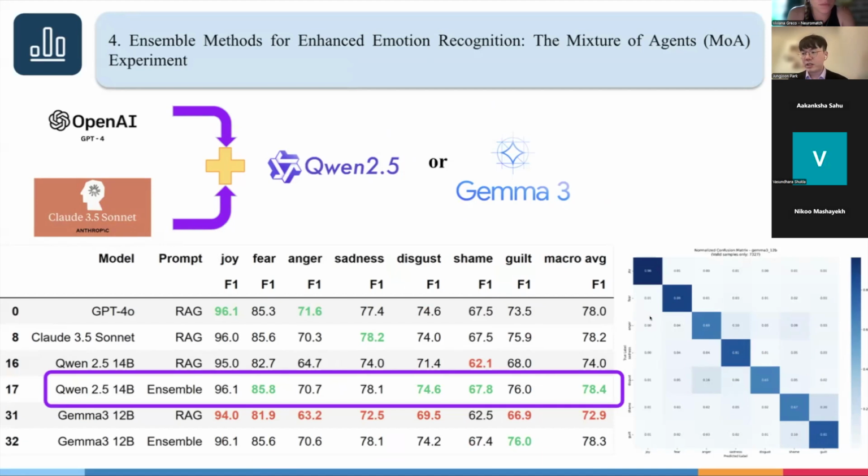As you see here, both models exhibited significant improvements exceeding plus 6%, and finally Qwen 2.5 14 billion achieved the highest F1 score of 78.4 accuracy.